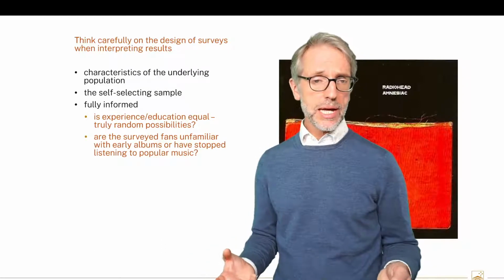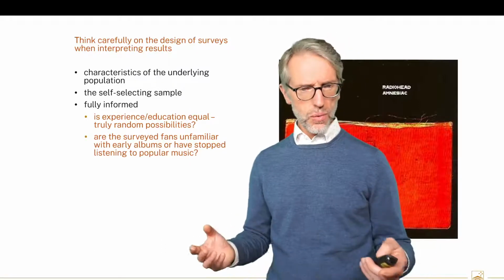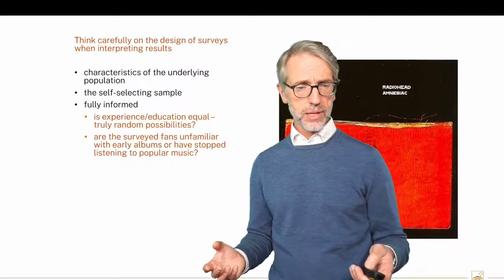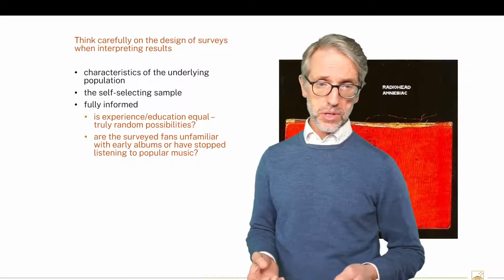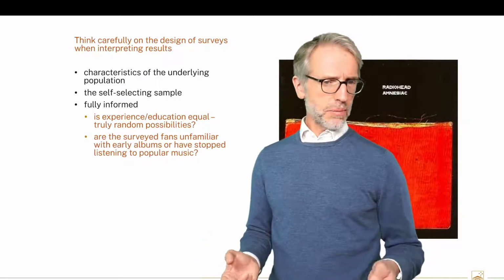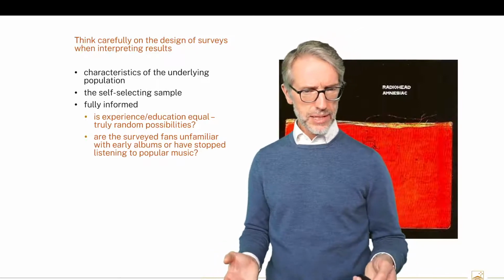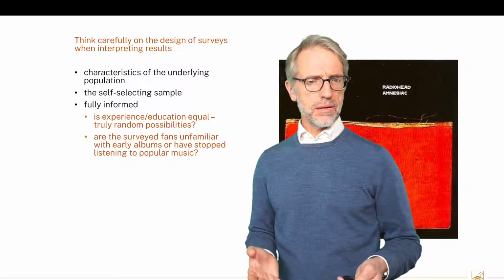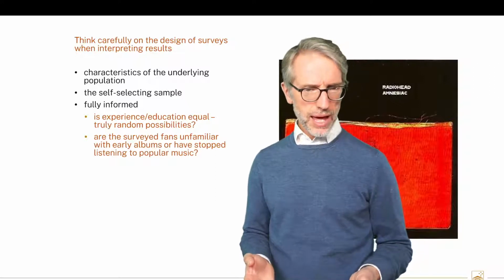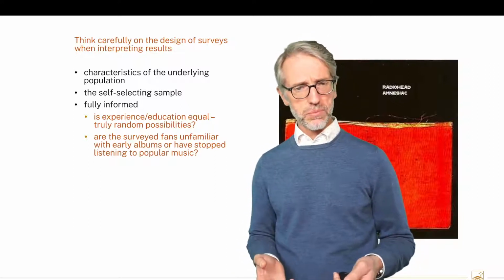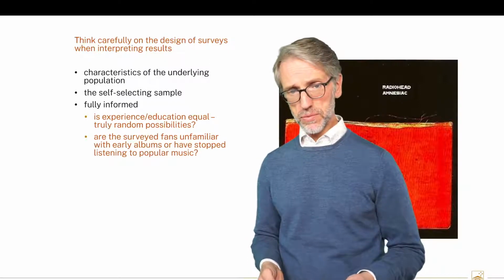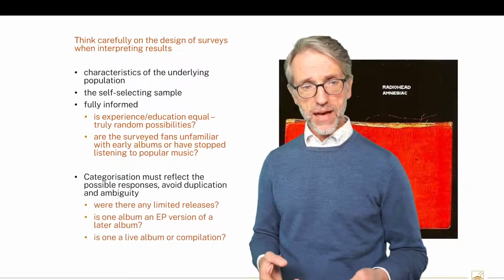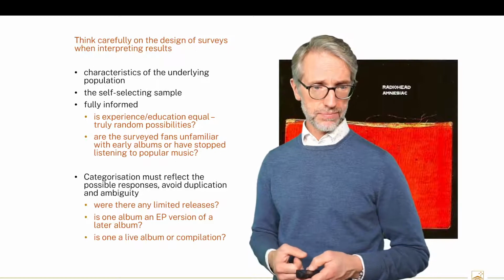Someone my age has experience with Radiohead all the way through their recording career, whereas someone younger, maybe your age, has less experience of that. So the comparisons, well, we might need to be more careful about them because underlying attributes of the population of people we've surveyed can confound what we're finding.